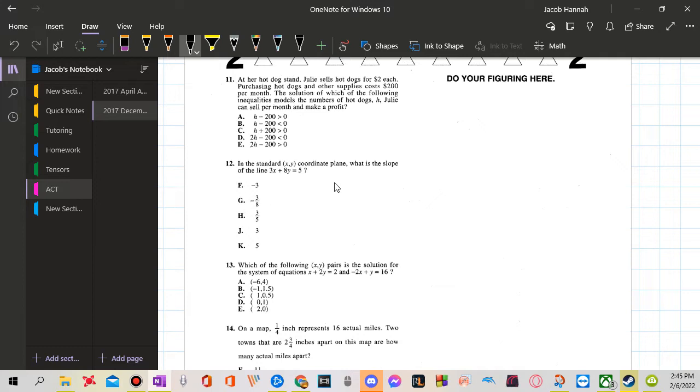If she sells them for $2 per hot dog, then however many hot dogs she sells times $2 is how much she's making for all the hot dogs. And the other supplies cost $200 a month, like mustard, bread, and all that adds up to $200.